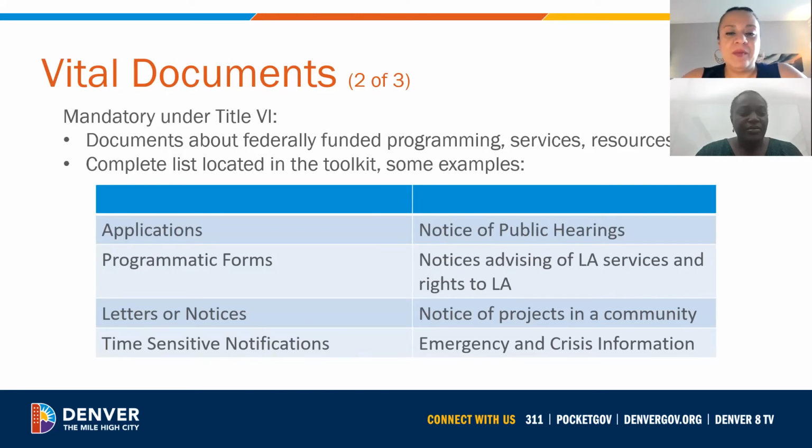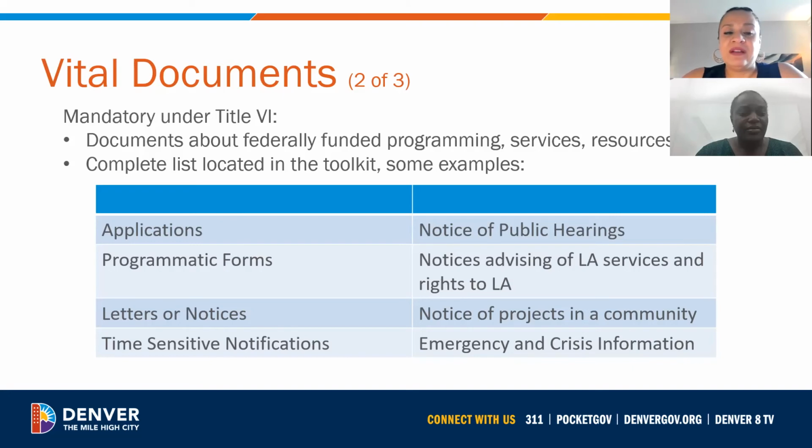This is just an example of some of the types of documents that are vital. There is a complete list located in the toolkit. There are also other questions in the toolkit that help you analyze and determine if the documents that you're about to put out are truly vital or not. So for example, applications to any type of economic relief, housing relief, and so forth is a vital document.